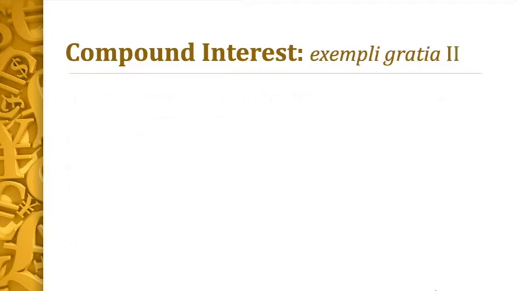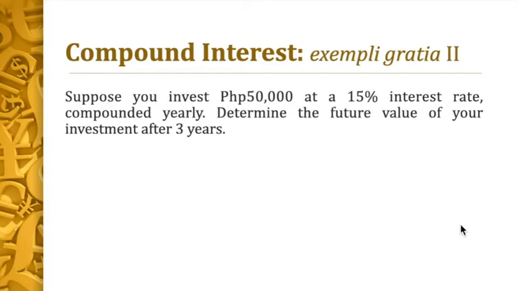For the next example, we'll have this word problem. Suppose you invest 50,000 pesos at a 15% interest rate, compounded yearly. Determine the future value of your investment after 3 years. Let's make use of the given, ask, solution method, the GAS. Let's write first the given.